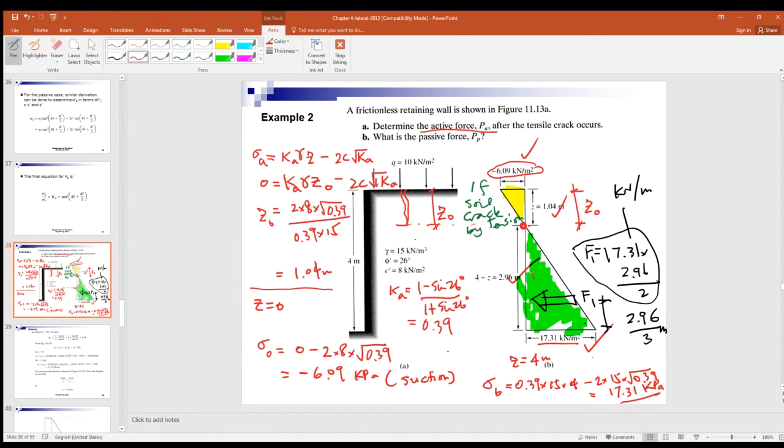Now, if the soil cracks, that means all the tension will be lost, right? There will be no tension at all. So you are just having the green triangle there. In other words, the total force acting on this retaining wall is simply equal to F1.